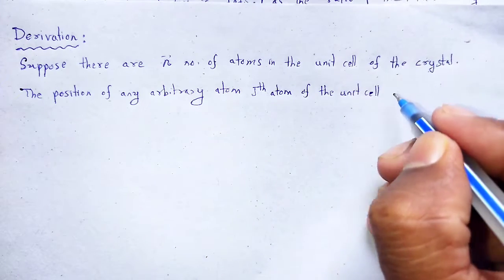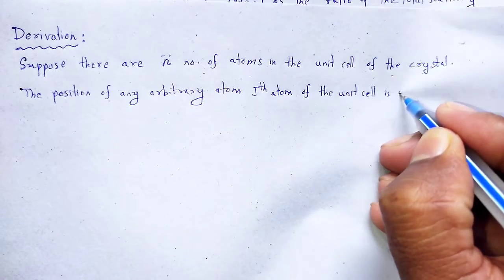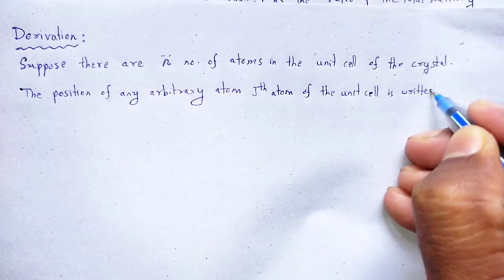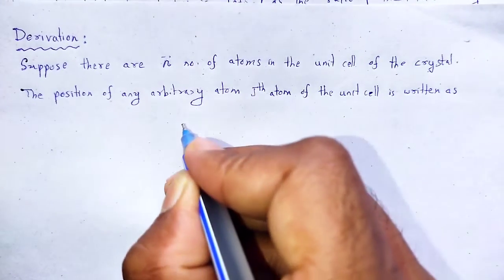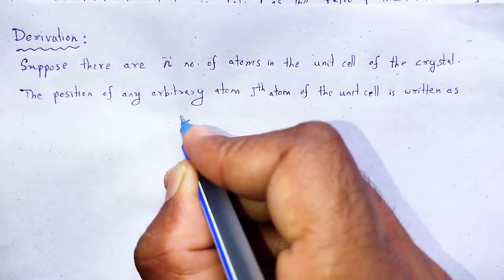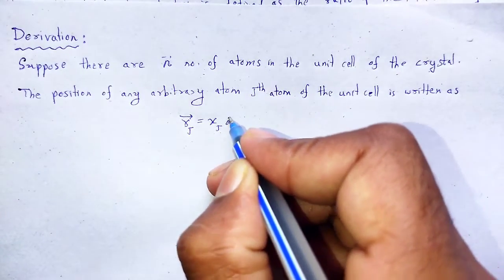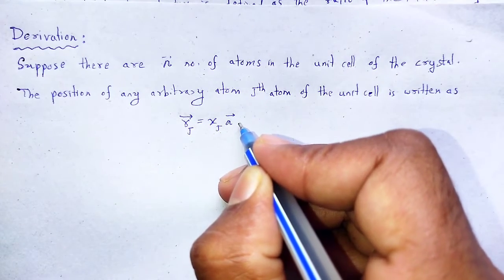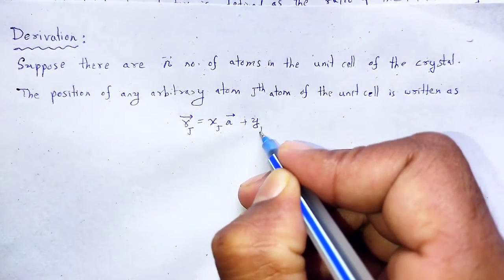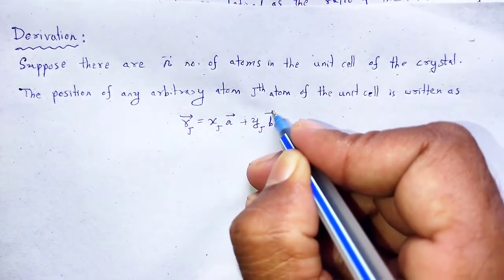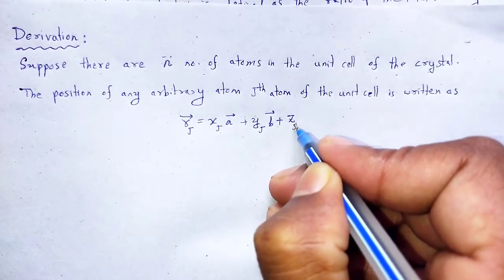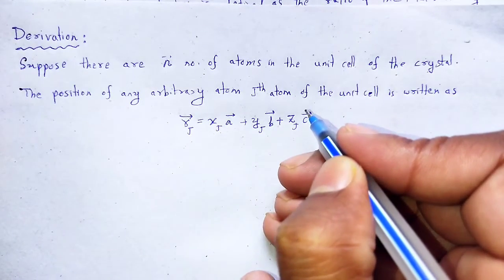The position of the jth atom is written as r_j vector equals x_j a vector plus y_j b vector plus z_j c vector.